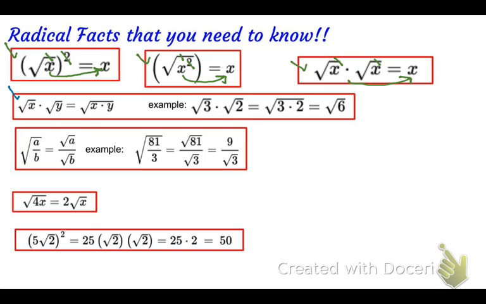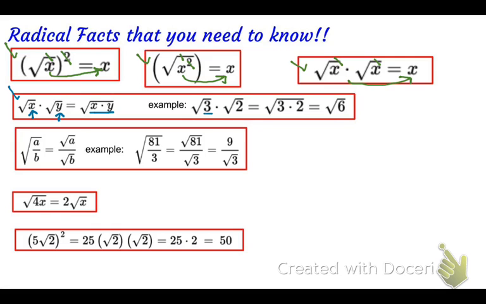So when I have square roots multiplied, okay, if the numbers inside are different, say this is x and this is y, so I'm multiplying the roots of two different numbers, I can combine them all under the same radical, and then it just becomes x times y. So here's an example.